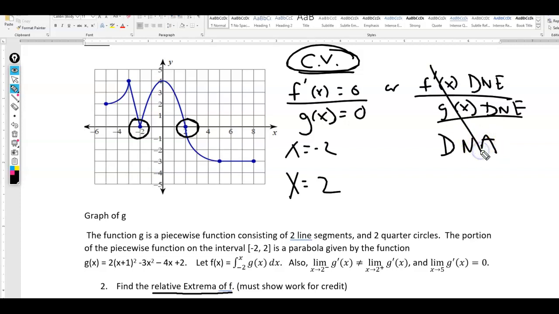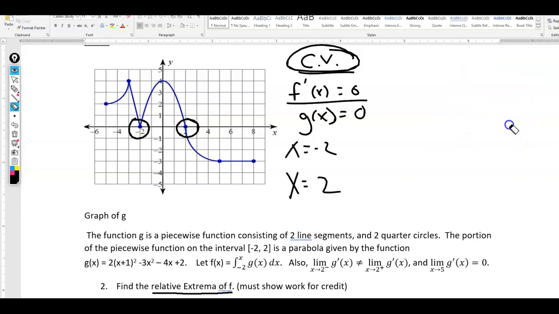Okay? Now, the next thing we have to do to determine what or if there are any relative extrema is we have to look at it. Now, a critical value is a relative min, I'll put R min, if f prime goes from negative to positive at that point.